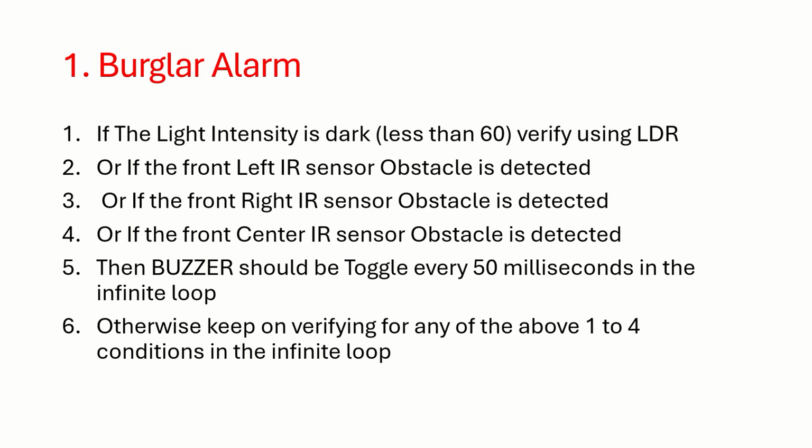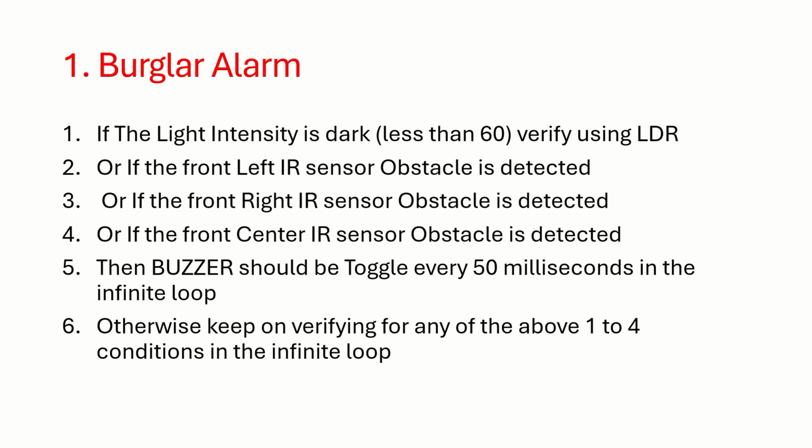Otherwise, if none of the 4 conditions are satisfied, keep on verifying whether any one of the conditions is satisfied or not. That means your program has to be in an infinite loop. However, within the infinite loop, there is another infinite loop where, if any one of the conditions is satisfied, the buzzer should keep on toggling every 50 milliseconds.